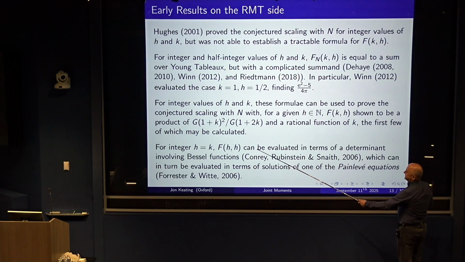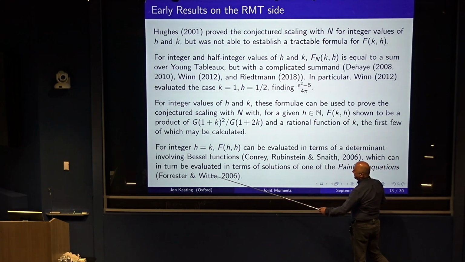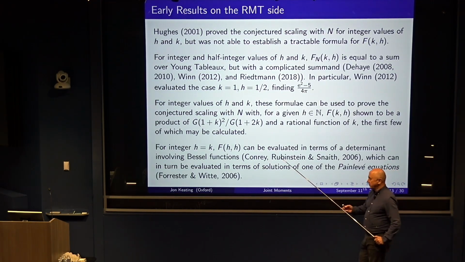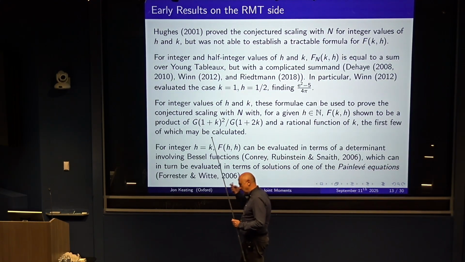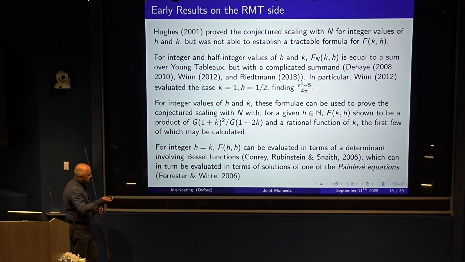And in this case, in random matrix theory, they obtained an expression as a determinant of Bessel functions. It was pointed out by Peter Forrester and Nick Witte that a determinant of Bessel functions satisfies a differential equation, one of the Painlevé equations. So that special case was very instrumental in, I think, people's thinking. The story has developed from there in ways that I'll now explain.